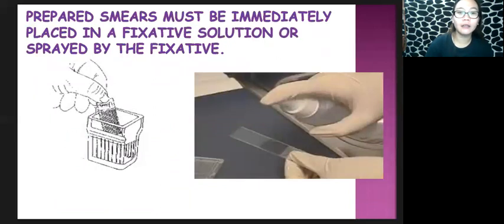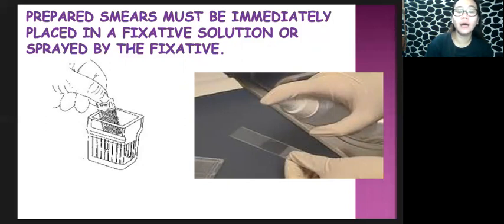We can either place it or immerse it in a fixative solution, just like what we do in the preparation of your buccal smears, right? So we just dip your smear there in order for it to be fixed. Another way by which we can fix your smear is by spraying it with your fixative.